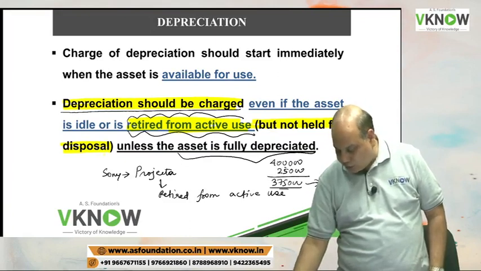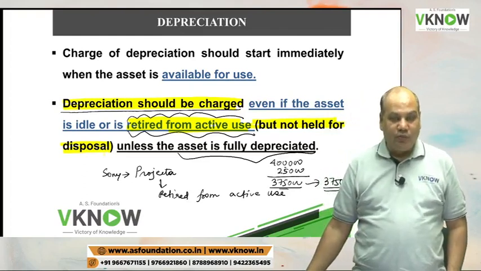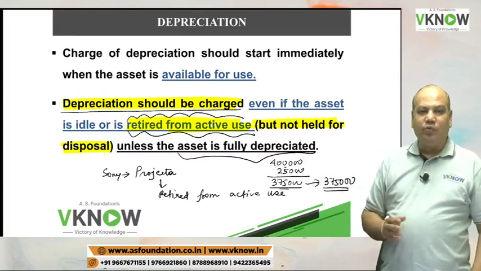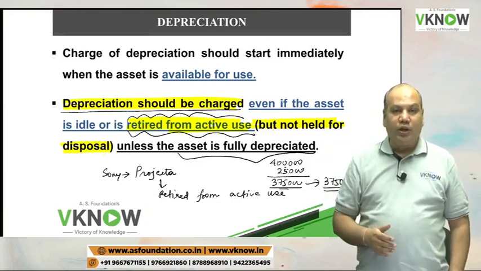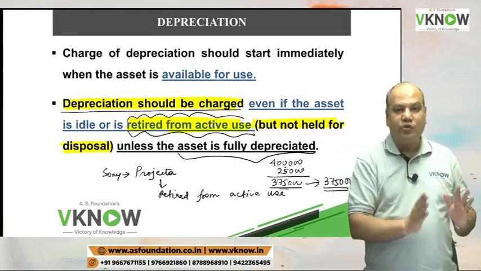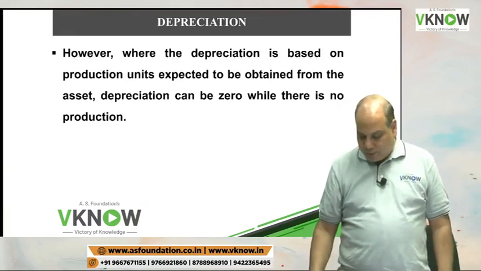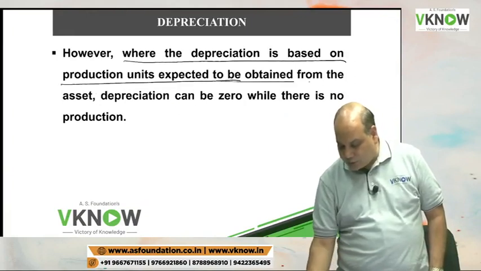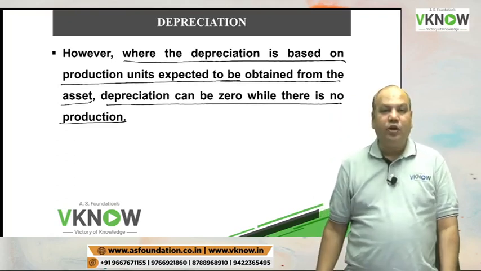If I have already depreciated 3 lakh 75,000, then even if it is retired from active use, you are not going to provide depreciation, because whatever maximum depreciation I could have charged, I have already charged. Next point, where depreciation is based on production units expected to be obtained from the asset, depreciation can be zero if there is no production.